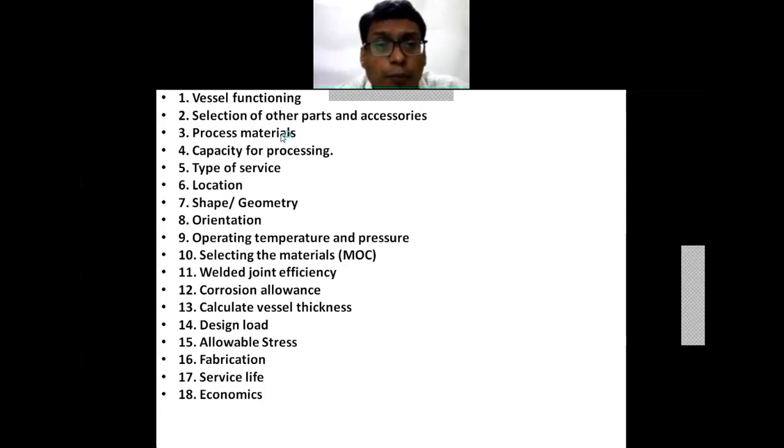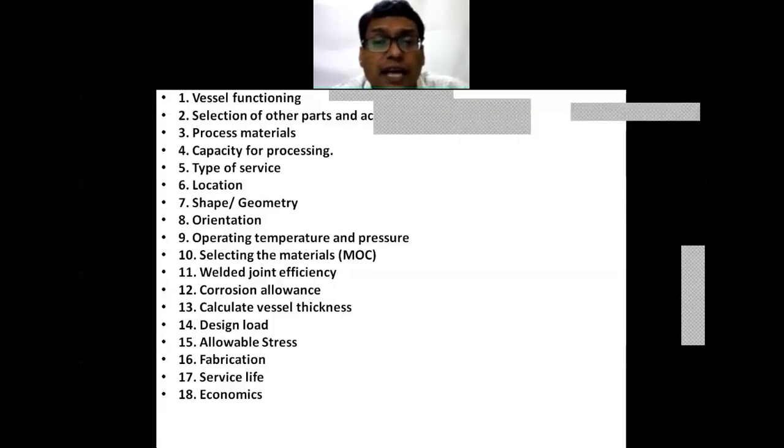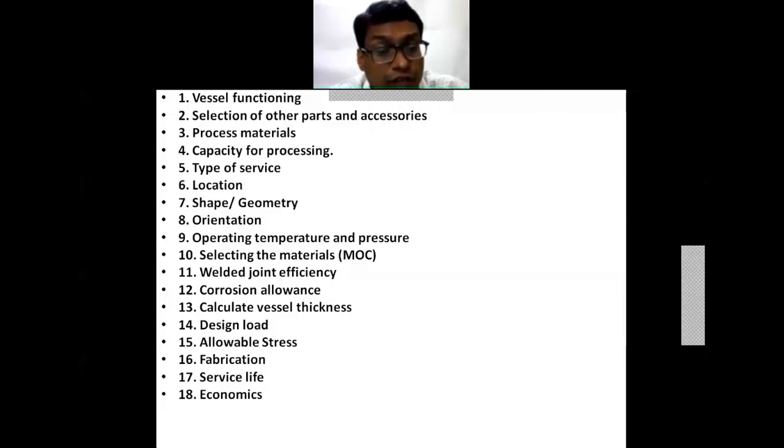Based on the above parameters, we are going to select the material of construction for a vessel. Then the vessel sheets are to be used, and these are welded to give the desired shape, whether it's spherical, cubical, or cylindrical.